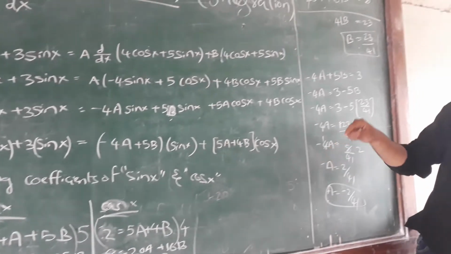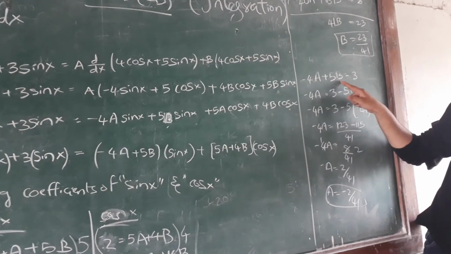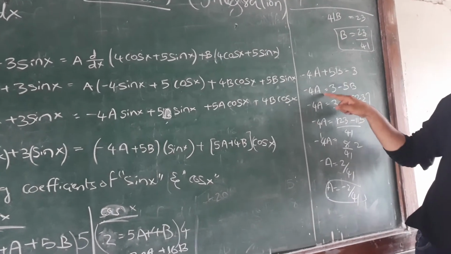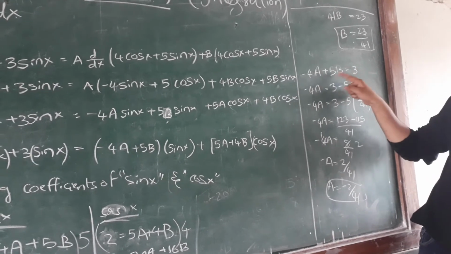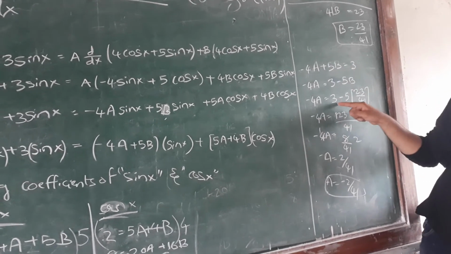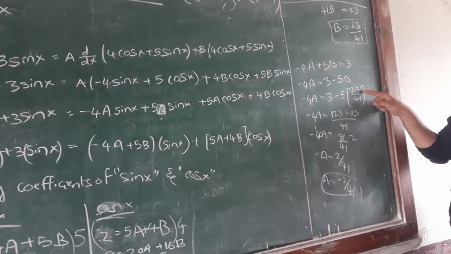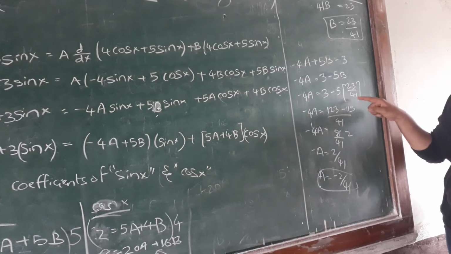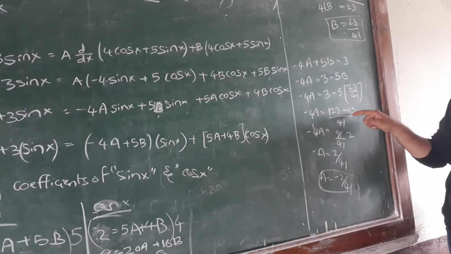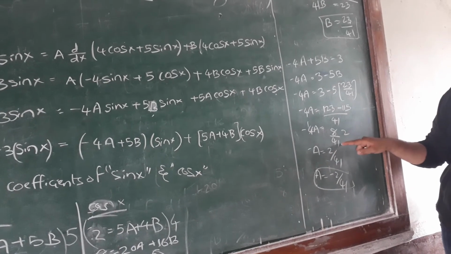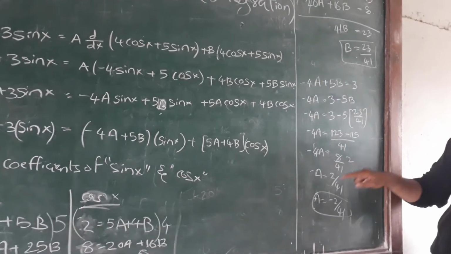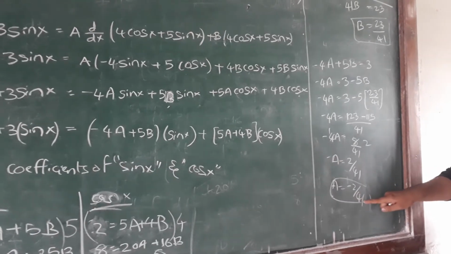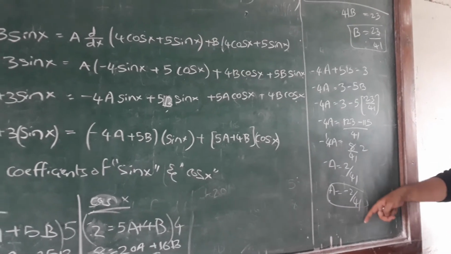Taking the first equation, minus 4a plus 5b is equal to 3, so minus 4a is equal to 3 minus 5b, which is 3 minus 115 by 41. After solving we get 2 by 41, so minus a is equal to 2 by 41, and a is minus 2 by 41. Now we have got the values of a and b.